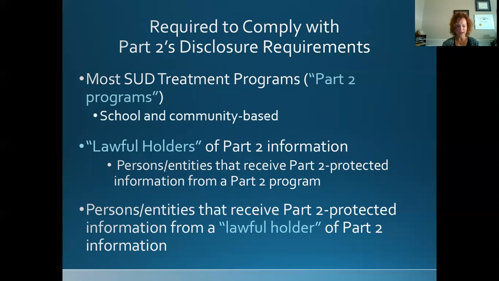There's also a new category of entities that are not technically covered programs under Part 2, but that are still subject to the disclosure requirements under Part 2. Those entities or persons are referred to as lawful holders of Part 2 information. People or organizations that receive Part 2 protected information from a Part 2 program are required to only disclose that information to a third party in accordance with Part 2's disclosure requirements.